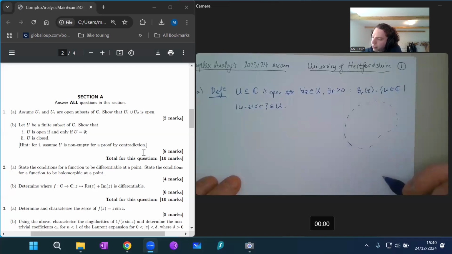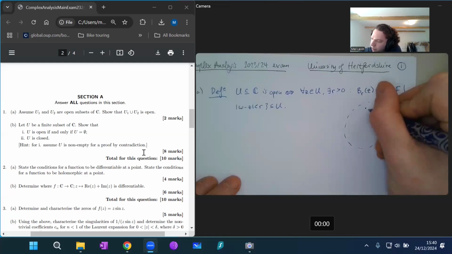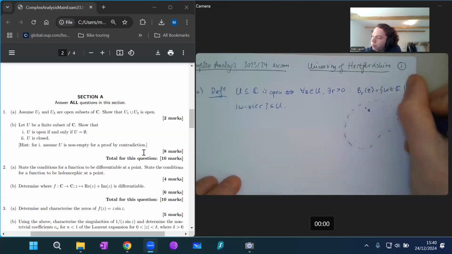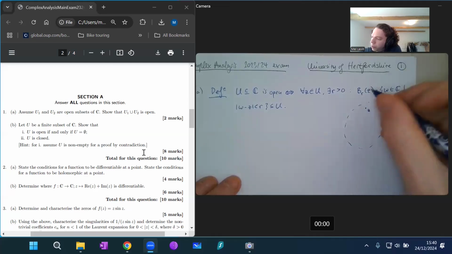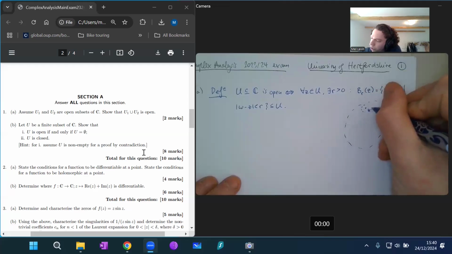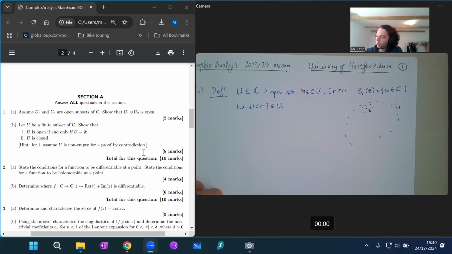And we're saying that this set is open if whatever Z I can pick in the set U, I can find a ball of some potentially small but positive radius, which is completely contained within the set, right? That's it.